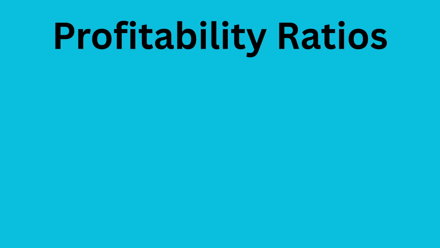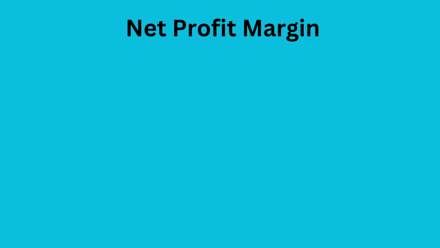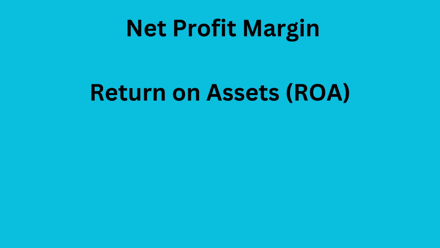Finally, let's talk about profitability ratios, metrics that reveal how well your business turns revenue into profit. For small business owners, key ratios include the net profit margin, which measures net income as a percentage of revenue, and return on assets, which indicates how efficiently your assets are used to generate profit.